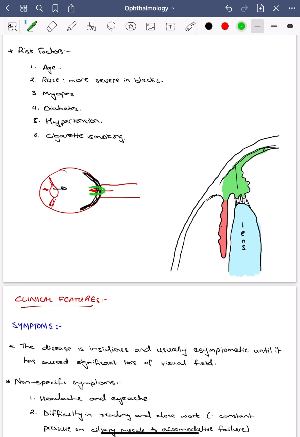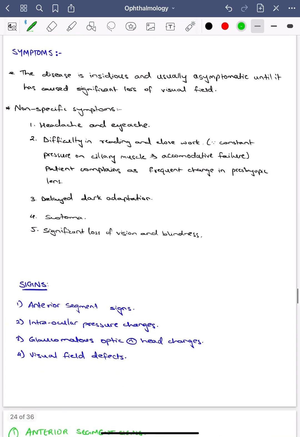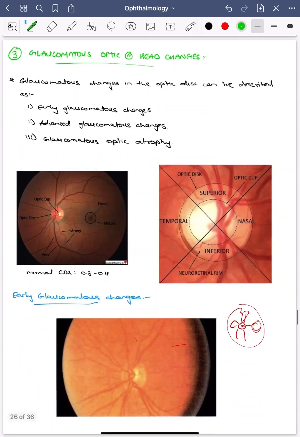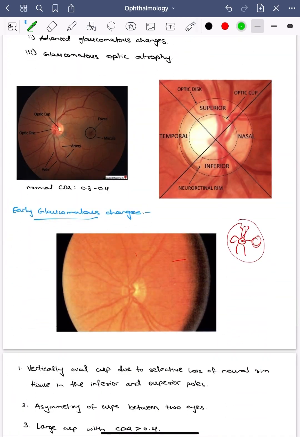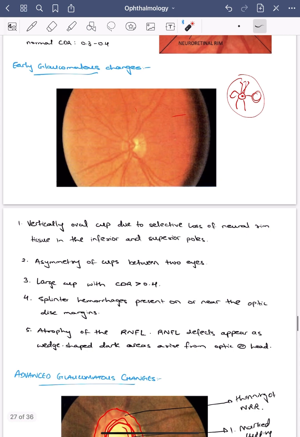So there is destruction of the neural tissue and there is optic cupping. Now we've discussed how a normal optic nerve head appears. Let us discuss the early glaucomatous changes, the advanced glaucomatous changes, and the glaucomatous optic atrophy. Beginning with the early glaucomatous changes, there are 5 points to be noted.